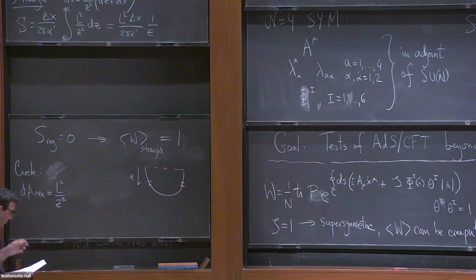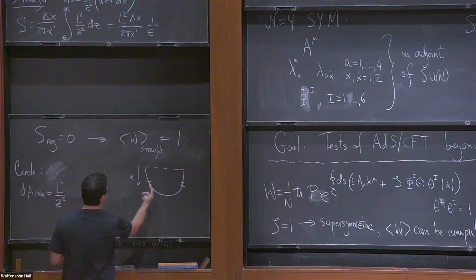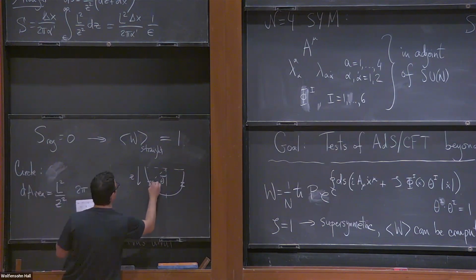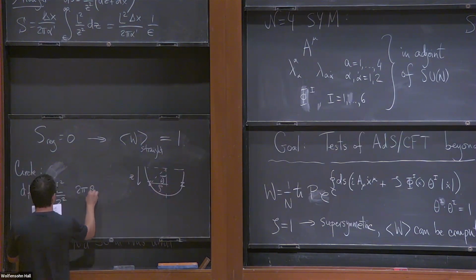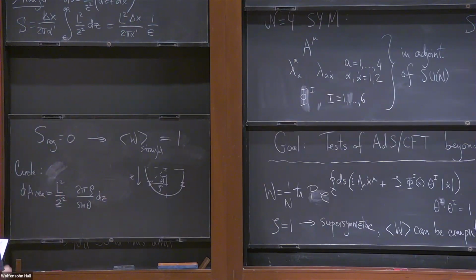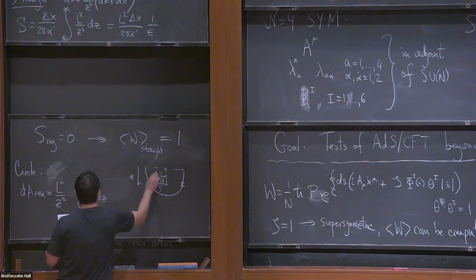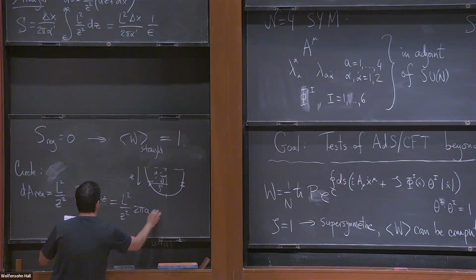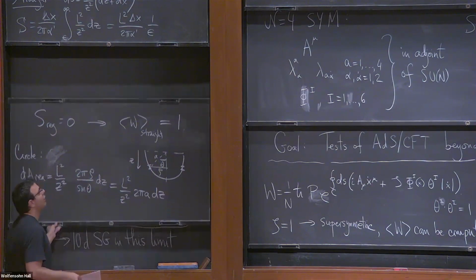And then it's the length of this circle, but there's more length here because this is tilted by some angle. If we call this angle theta, then this would be 2 pi times this distance rho over sine of that angle theta times dz. But rho over the sine of the angle is just the radius of the sphere, a. So this is just L squared over z squared times 2 pi a dz. This is the area element.